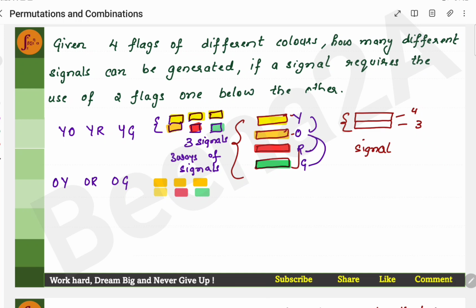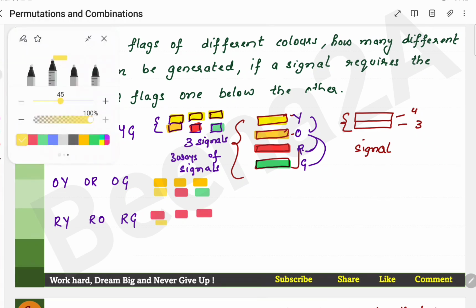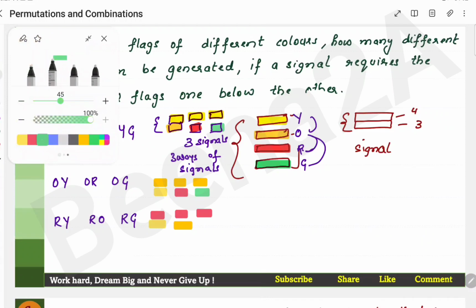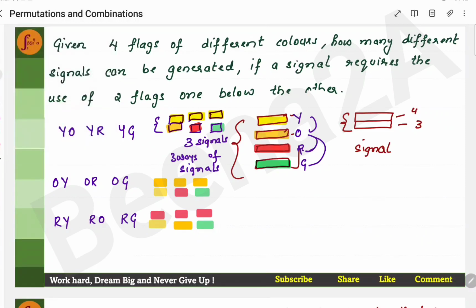Let's take red. Let's have the first signal as red. So I can have red with yellow, red with orange, and red with green.